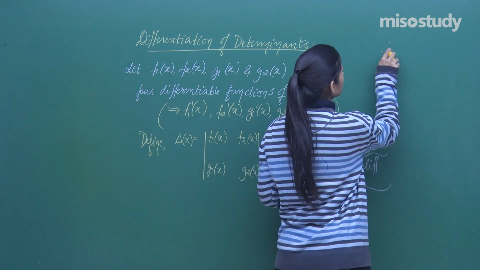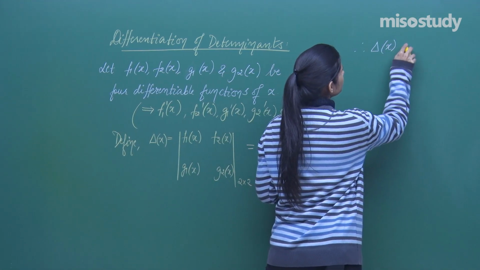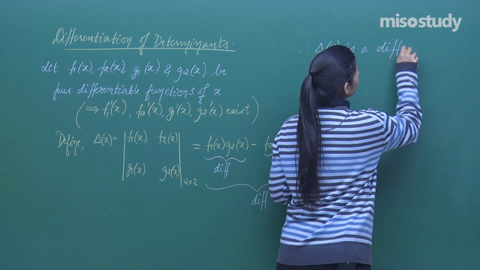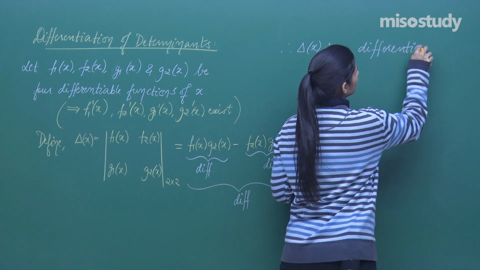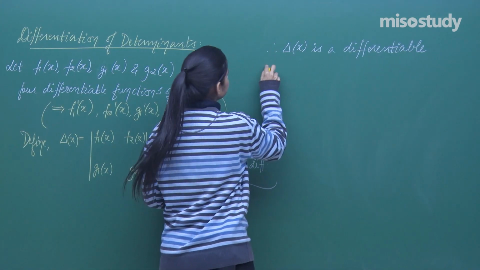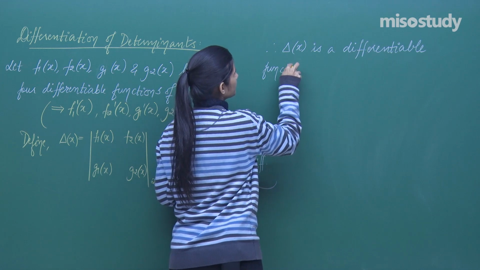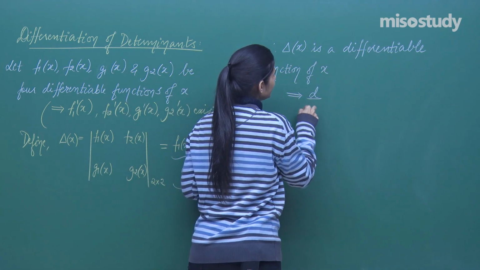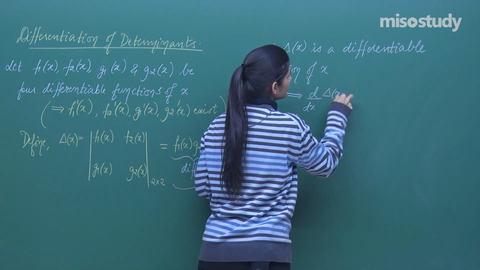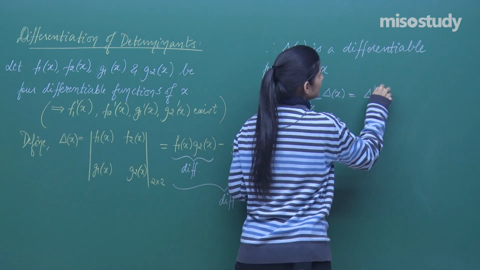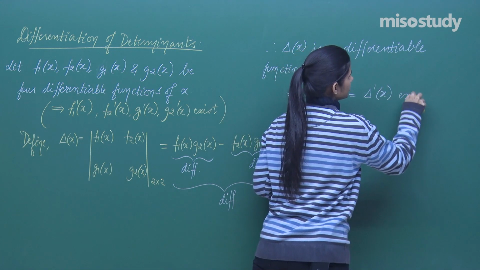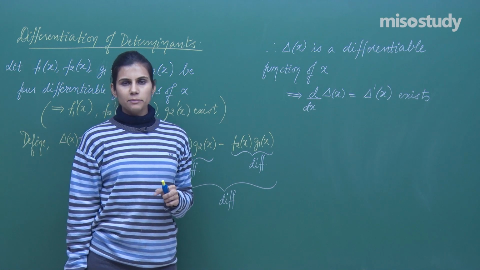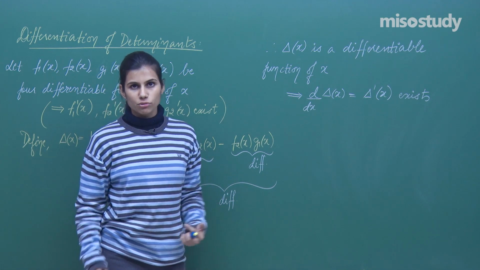So we have got, therefore, delta x is a differentiable function of x, which means d by dx of delta x, which is also denoted by delta dash x, exists. One thing is sure, that delta dash exists. But what is it and how do we compute it?